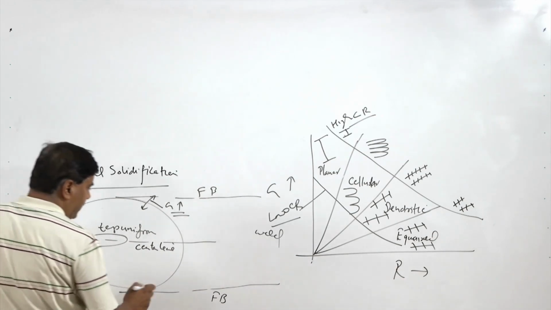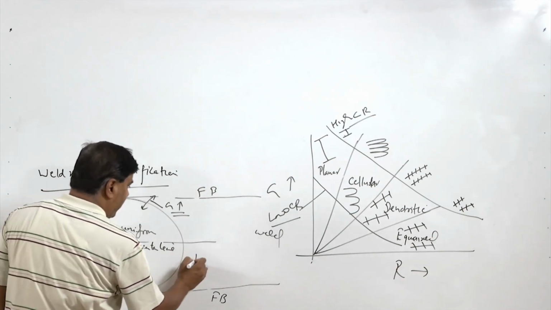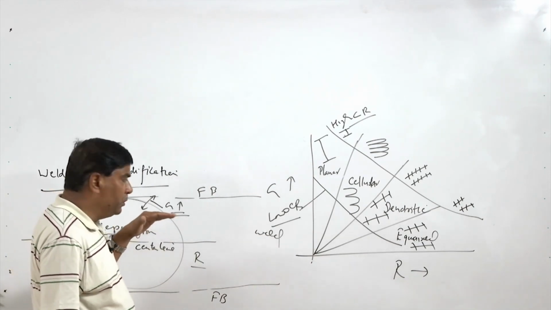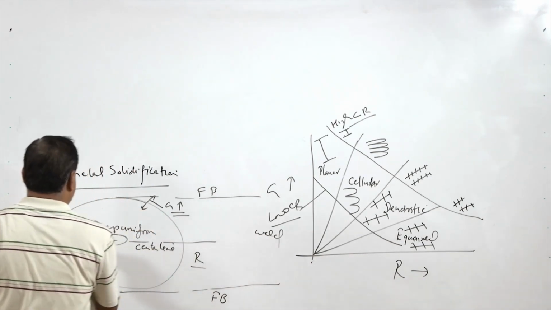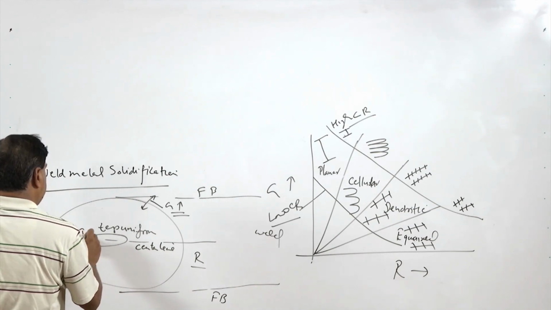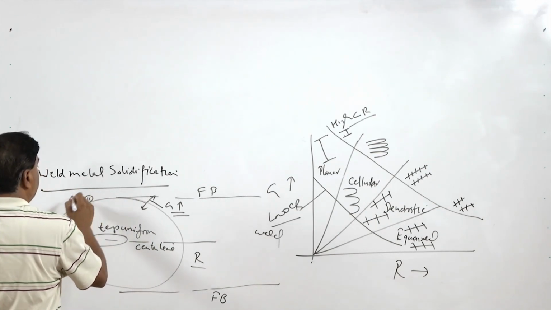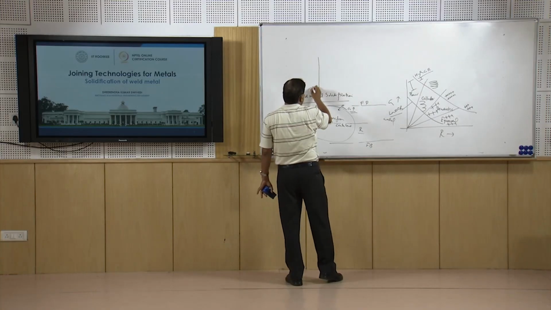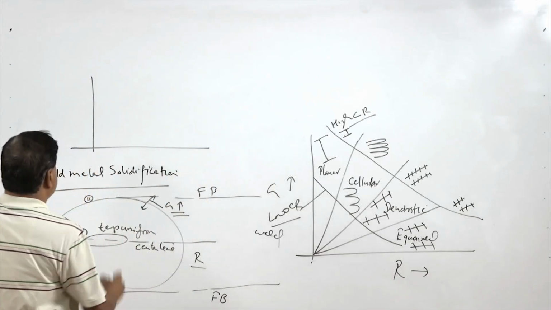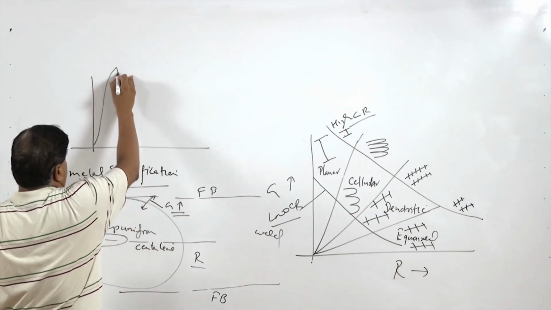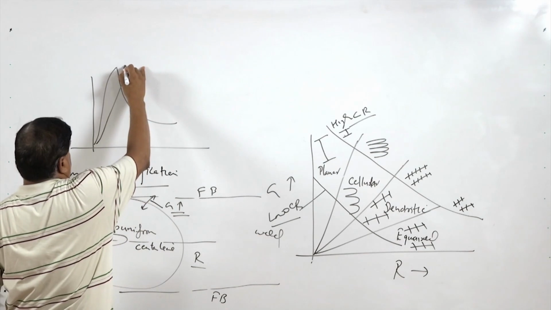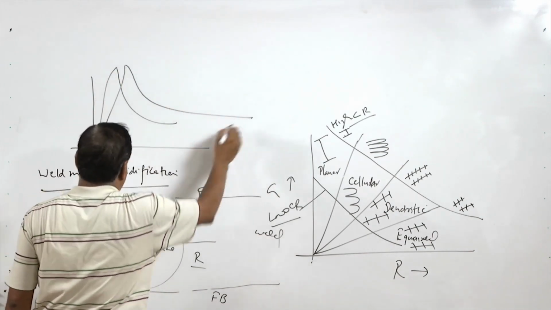On the other hand, for the growth rate R, the center experiences the maximum cooling rate. If we see the weld thermal cycle for point 1 and point 2, where point 2 is at the fusion boundary and point 1 at the center, then we will see the center has much higher cooling rate conditions as compared to the fusion boundary.